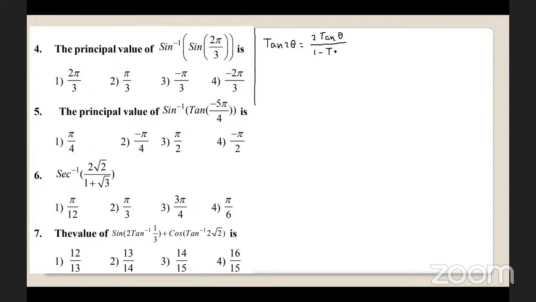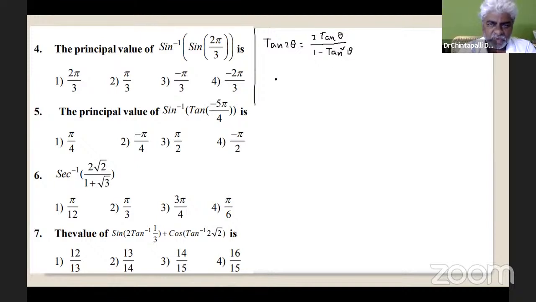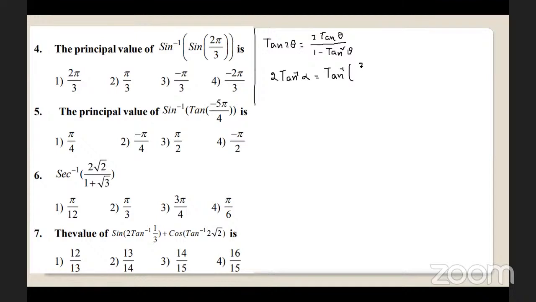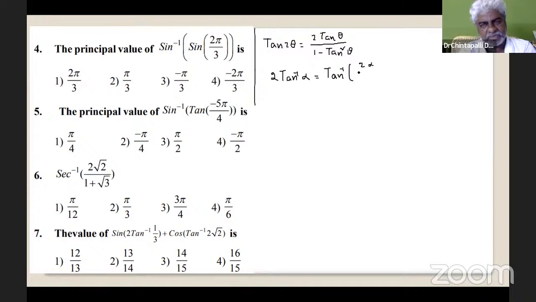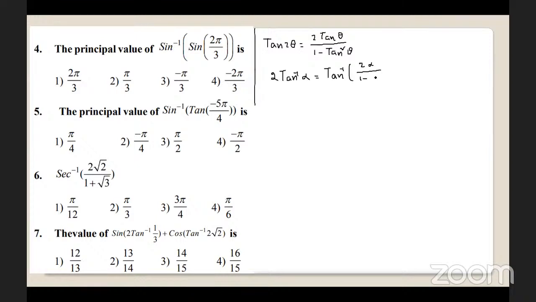From this, there is a formula for 2 tan inverse alpha: 2 tan inverse alpha is equal to tan inverse of 2 alpha by 1 minus alpha square.